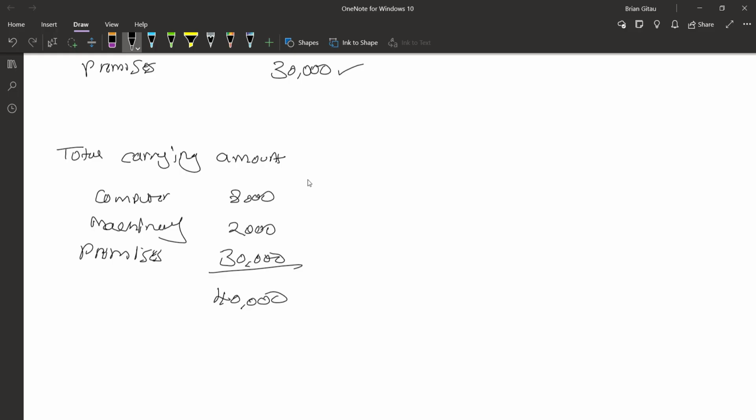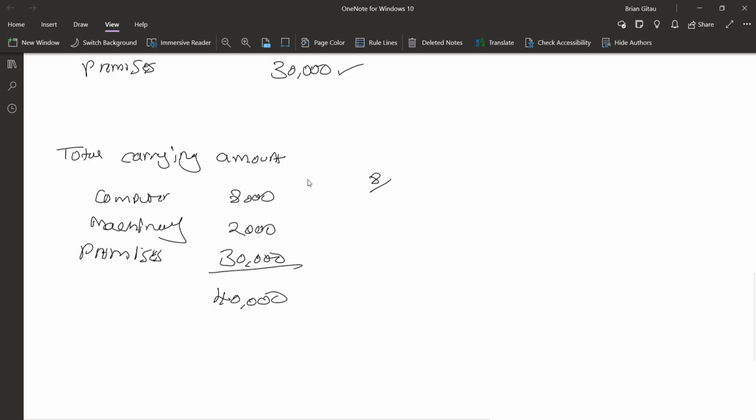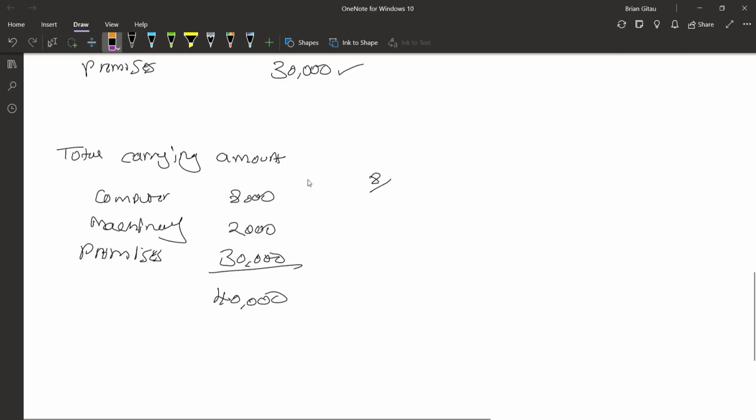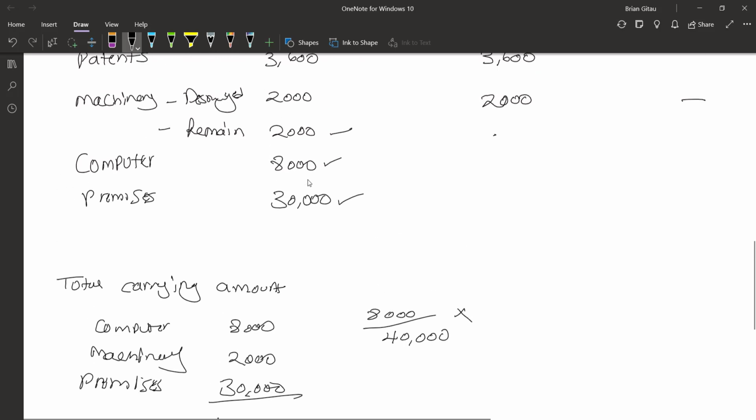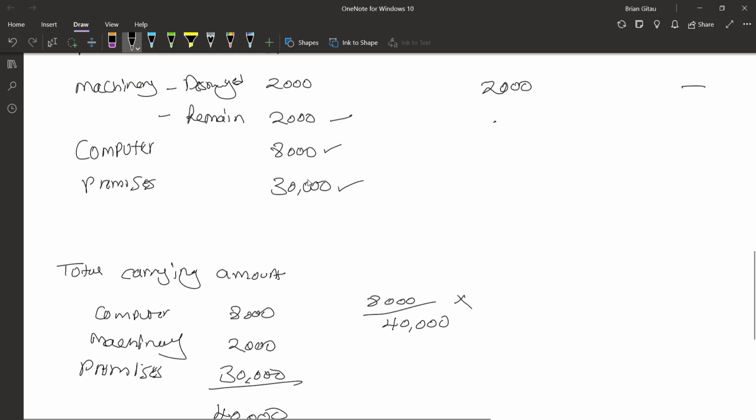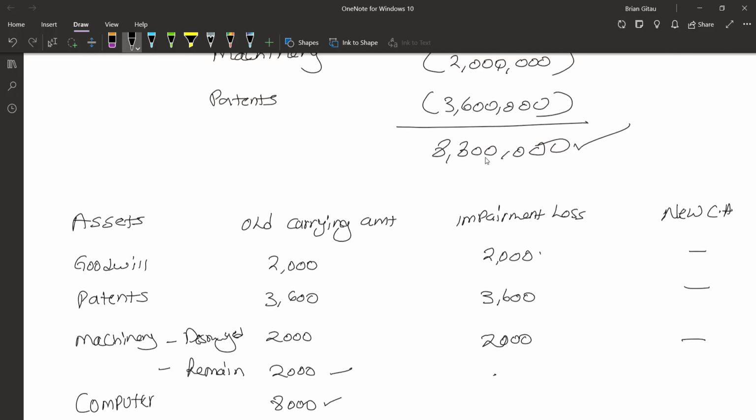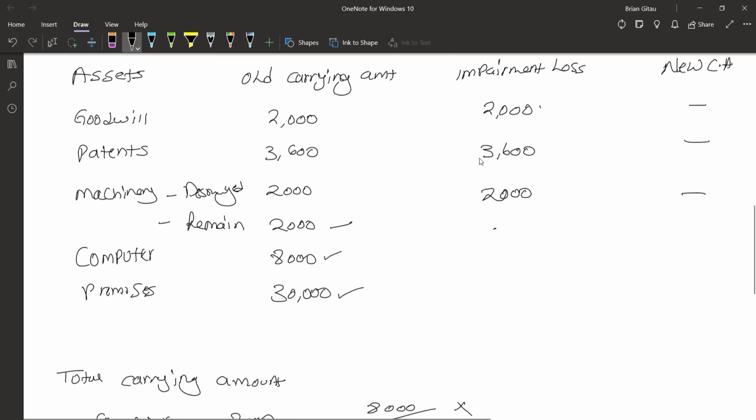The weight of computers will be 8,000 out of 40,000 multiplied by, no, not the carrying amount, but the impairment loss. We want to distribute this impairment loss, which is 8.8 million.